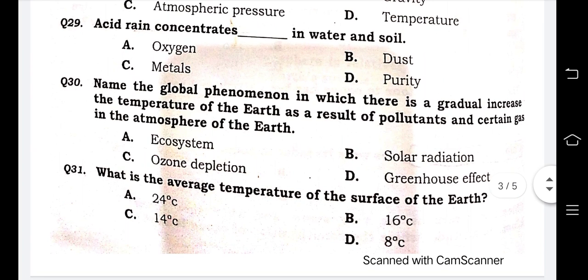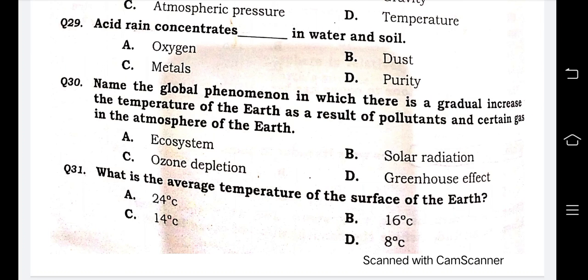Name the global phenomenon in which there is gradual increase in the temperature of the earth as a result of pollutants and certain gases in the atmosphere of earth. Option A ecosystem, option B solar radiation, option C ozone depletion, option D greenhouse effect.